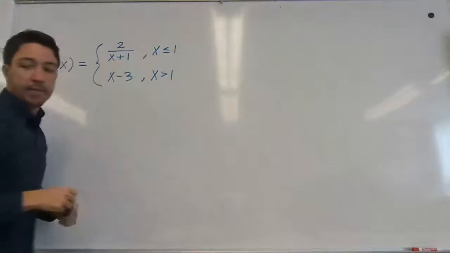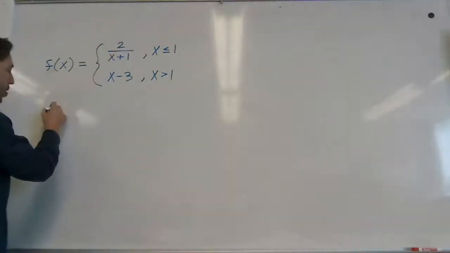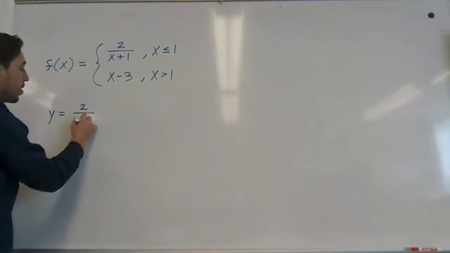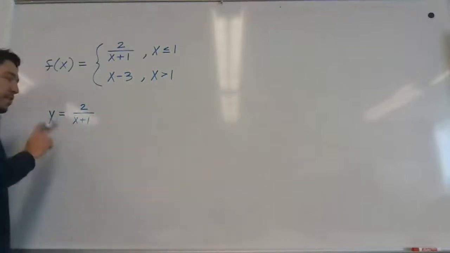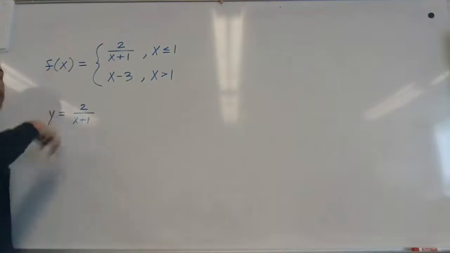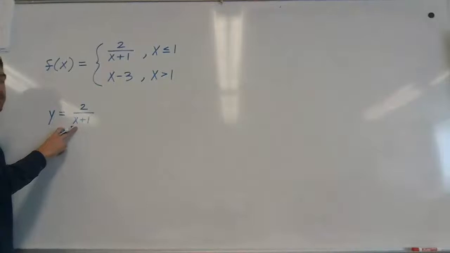If we were to graph just a simple y equals 2 over x plus 1, what's an interesting feature that this graph has? 2 would stretch it vertically, but what is the bottom telling us? A vertical asymptote at -1. Okay.